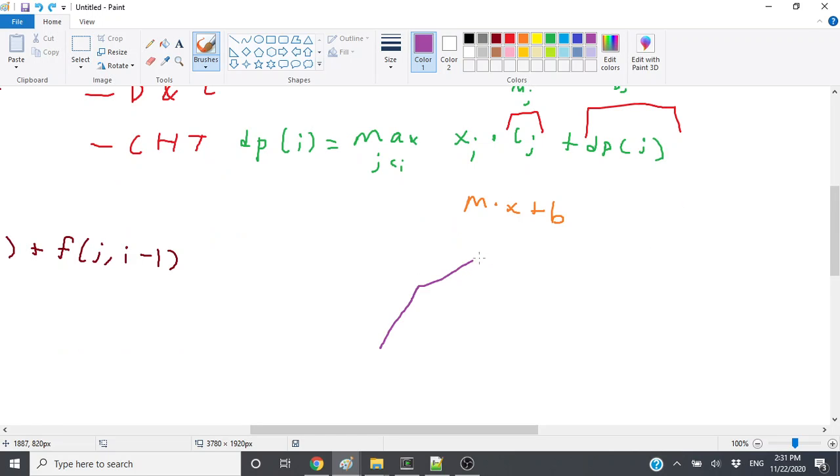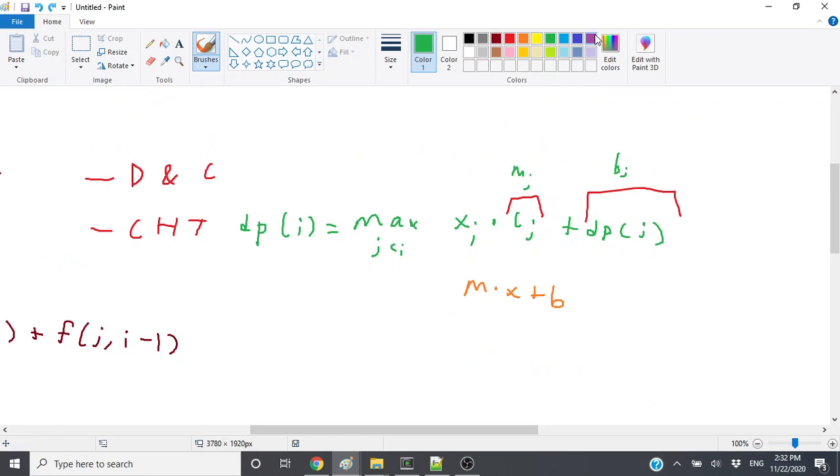The basic idea is it creates a convex hull of the lines, and you can query it. It's like a lower convex hull, actually. For maximum, it's a lower convex hull. For minimum, it's an upper convex hull. Then you can query at any point x. This works in O of log n for both operations: you can insert a line in O of log n, and you can query a point x in O of log n.